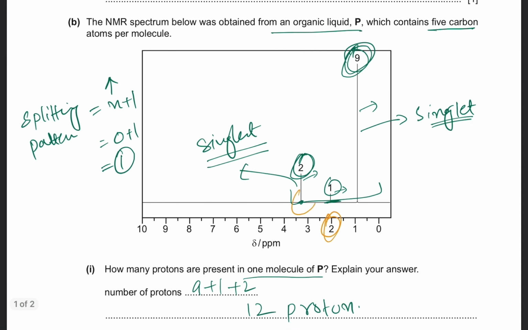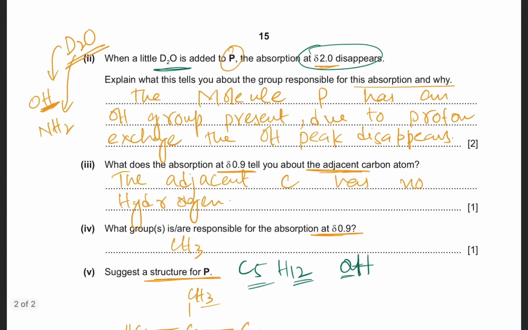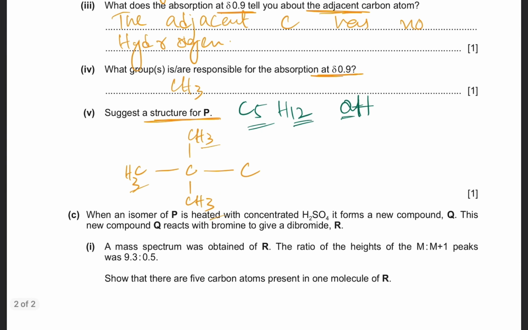This peak is due to 2 hydrogen atoms which also give a singlet, so this would be a CH2, 2 hydrogen atoms. Now we have a total of 11 hydrogen atoms, and the last one would be an OH. So this would be the peak due to OH.